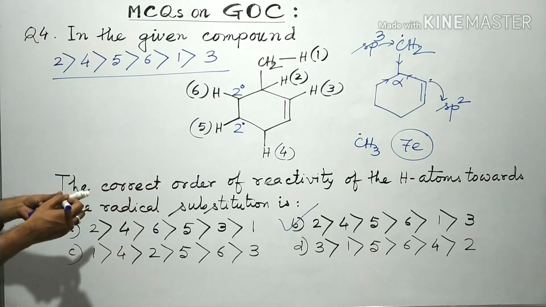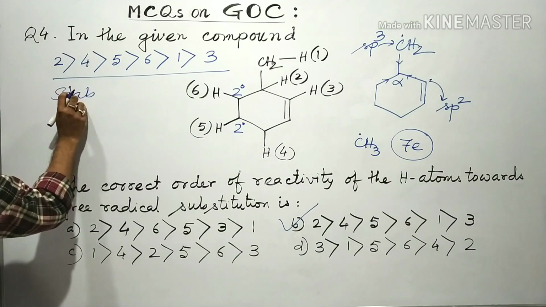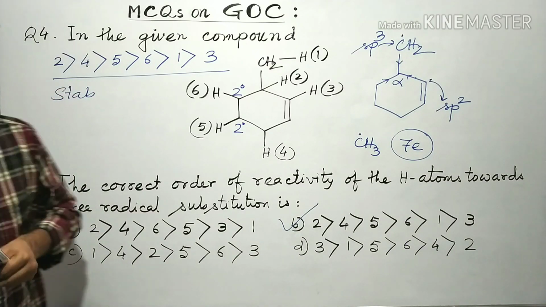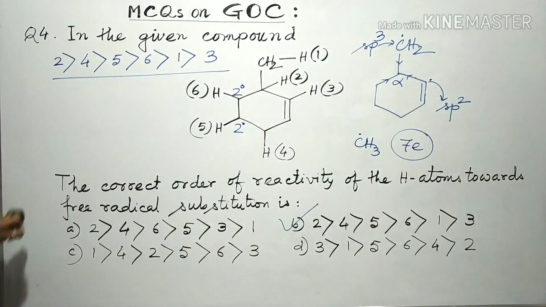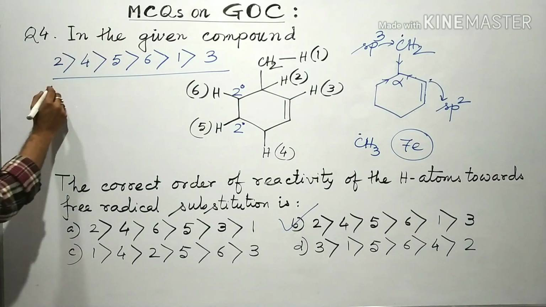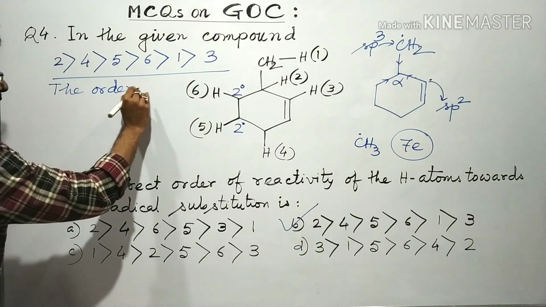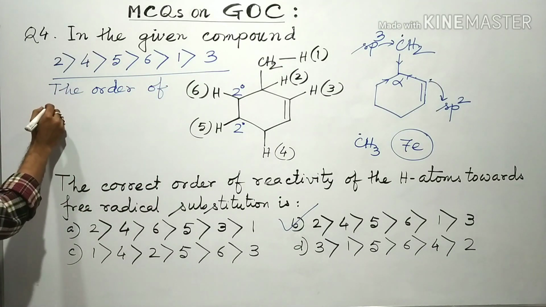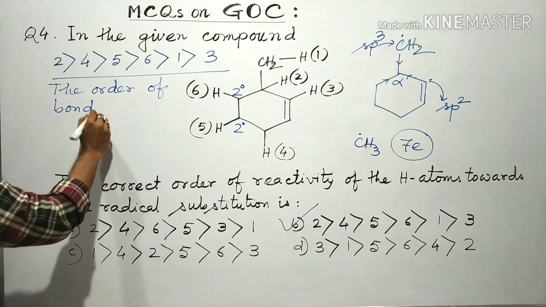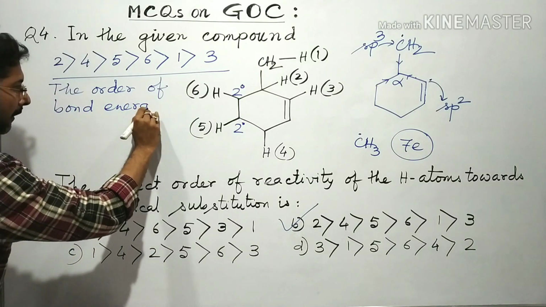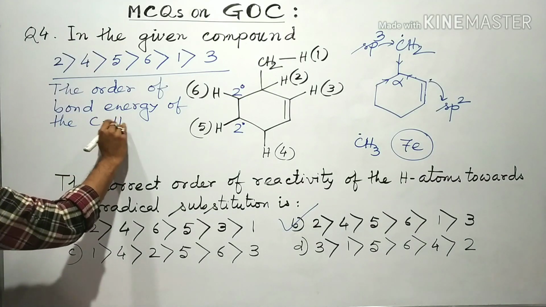So I can write the order of strength, the order of bond strength, the order of bond energy of the carbon hydrogen bonds.